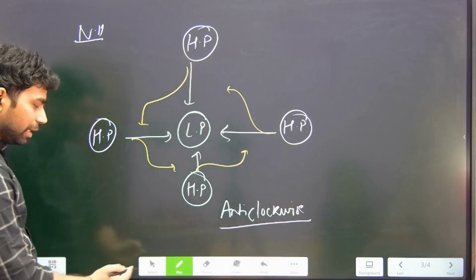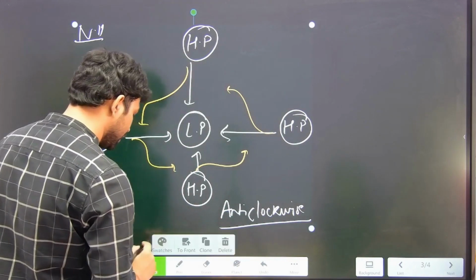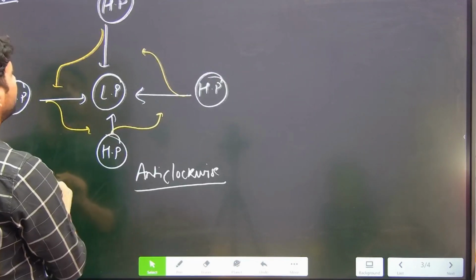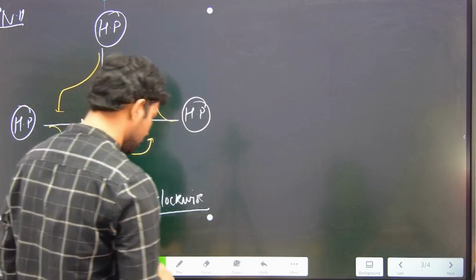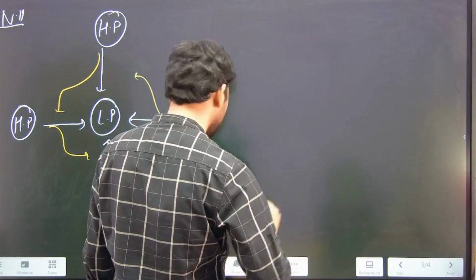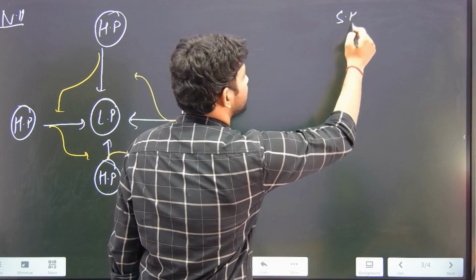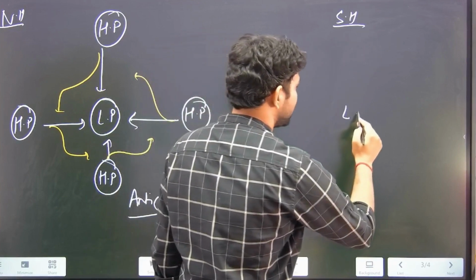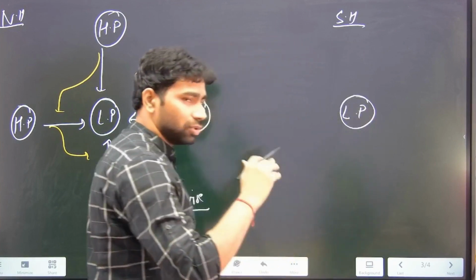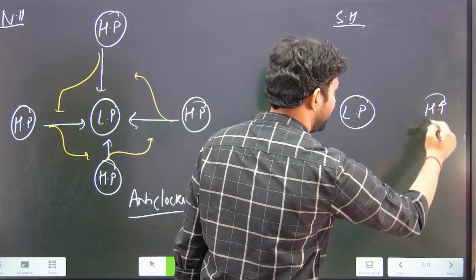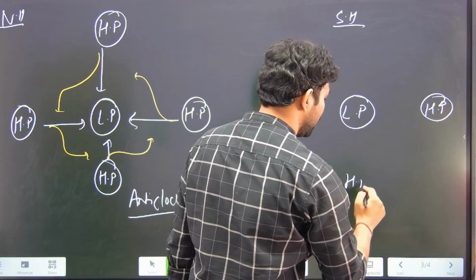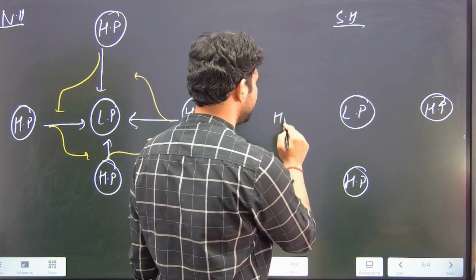Now let us see the southern hemisphere. Suppose that this is the southern hemisphere and this is the low pressure zone near the surface, and it is attracted by a wind coming from a high pressure area.